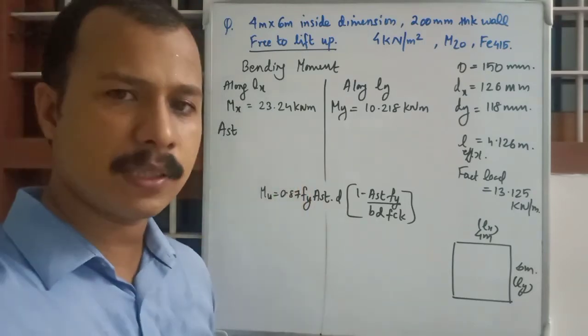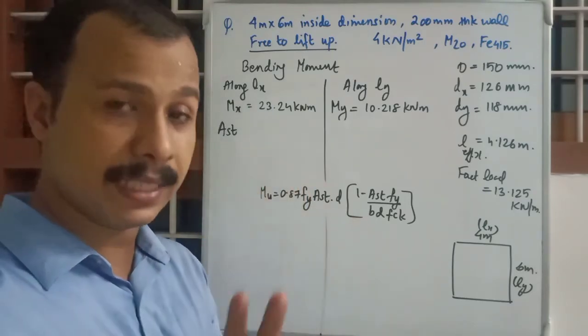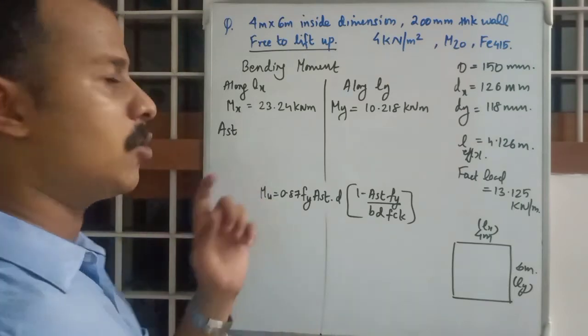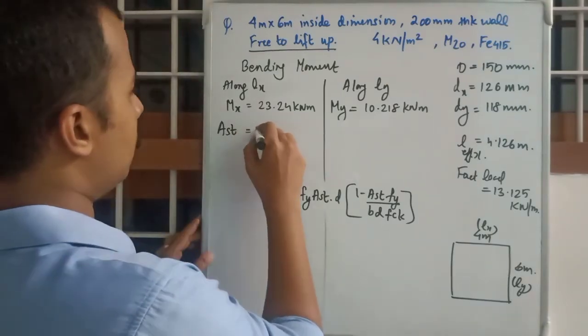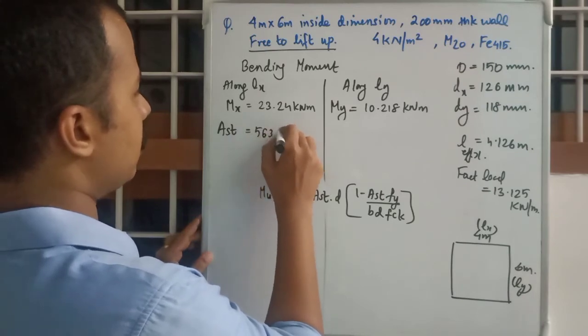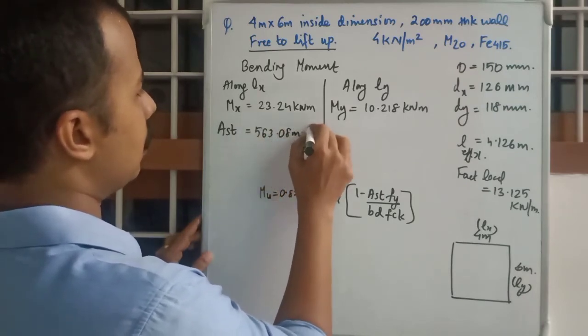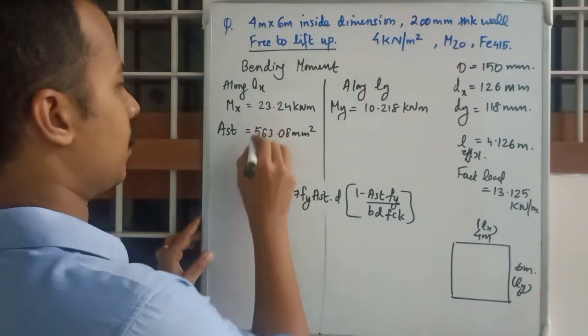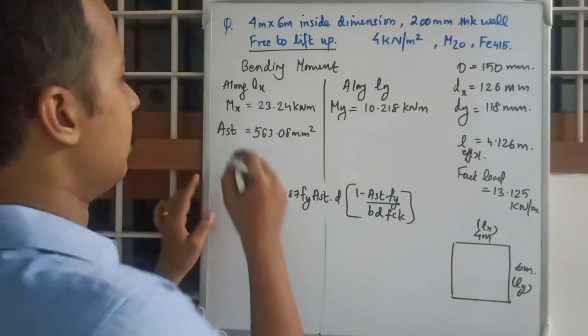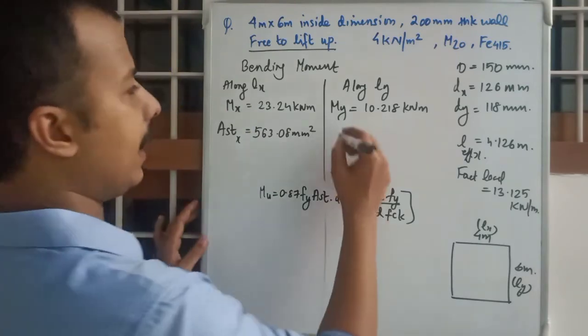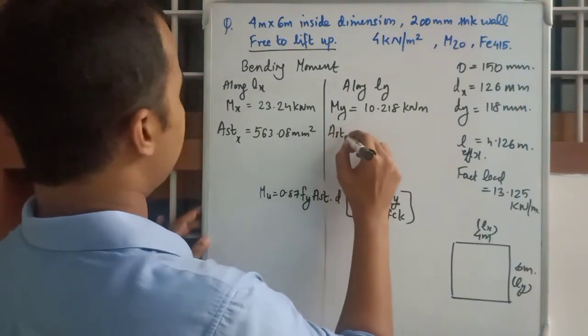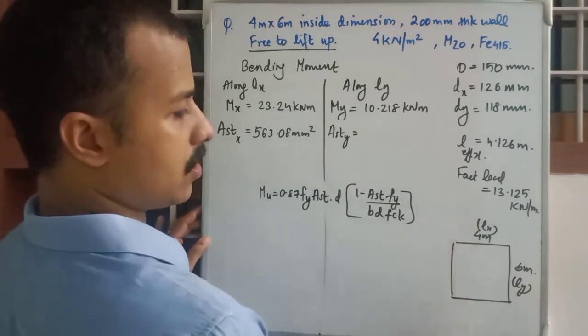You will be getting, obviously, a quadratic equation with degree 2, and you will solve it in the calculator. You will be getting a minimum value as 563.08 mm square. Okay, so we have calculated Ast for Lx direction. Then calculate Ast for y direction.